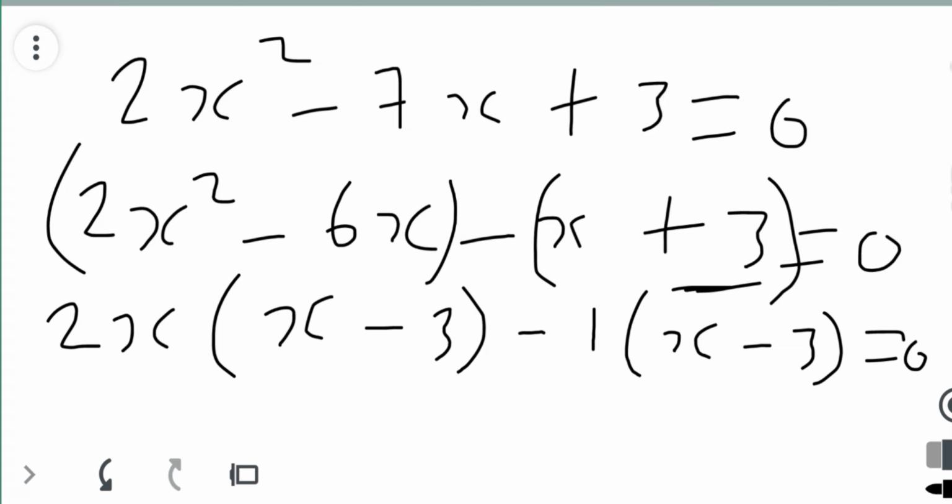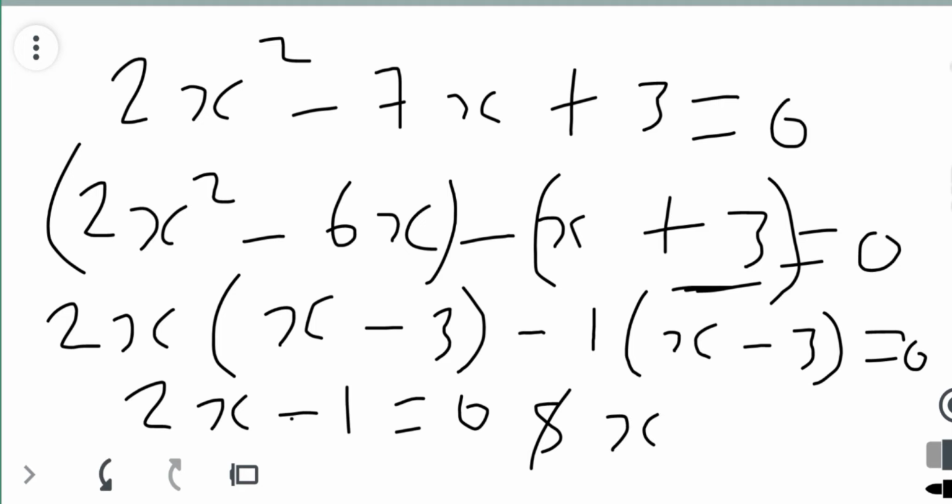So you can see that the two brackets are the same thing. Which means that we have the first one, 2x minus 1 equals 0, and the second one, x minus 3 equals 0.